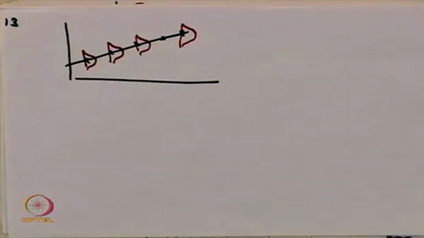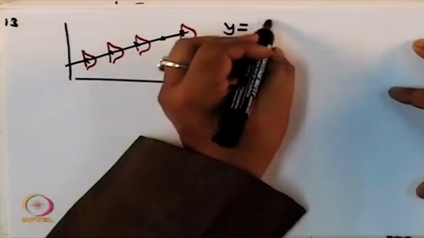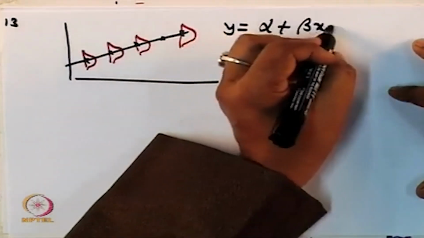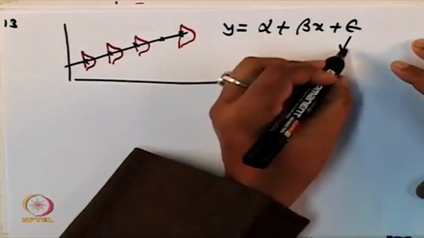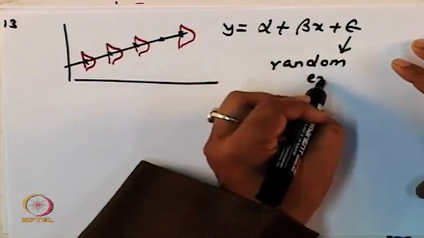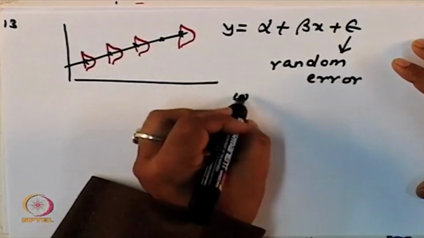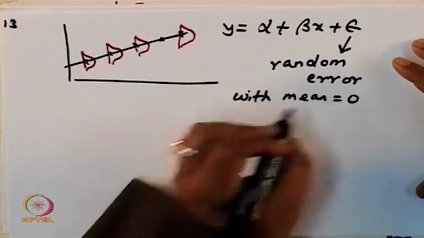So, what I have drawn here is as if your equation of the line was y equal to alpha plus beta x plus some error, and epsilon is a random error with mean of 0.